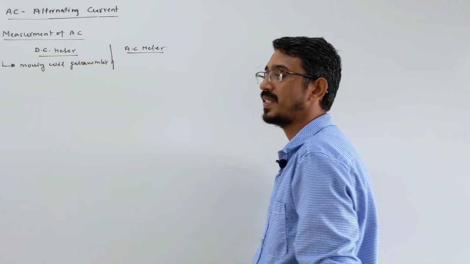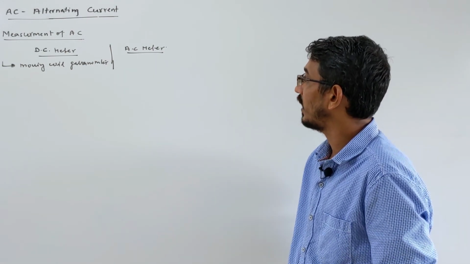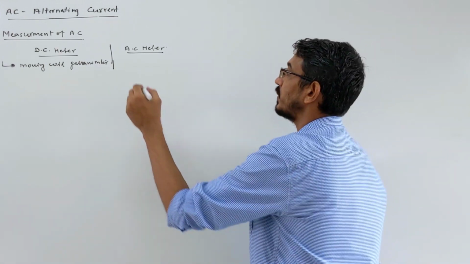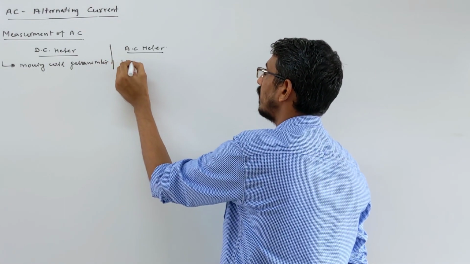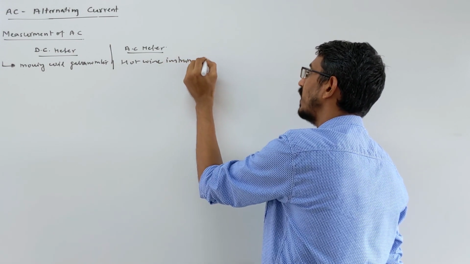Then what do you use for AC? For AC we don't use that moving coil galvanometer type of thing. We use what is called a hot wire instrument. Actually this works on the heating principle.